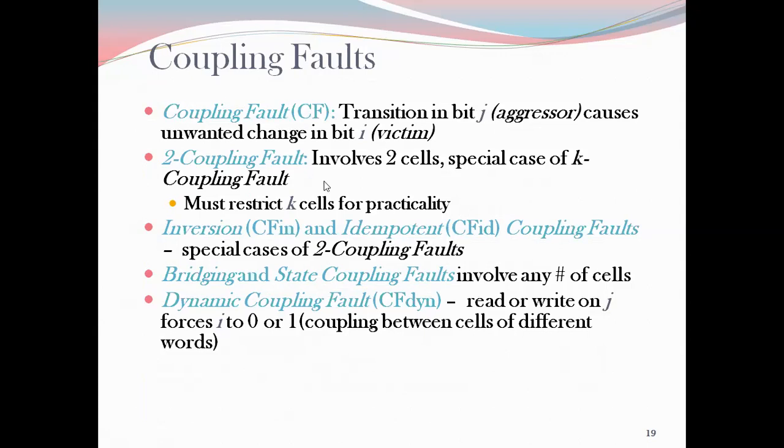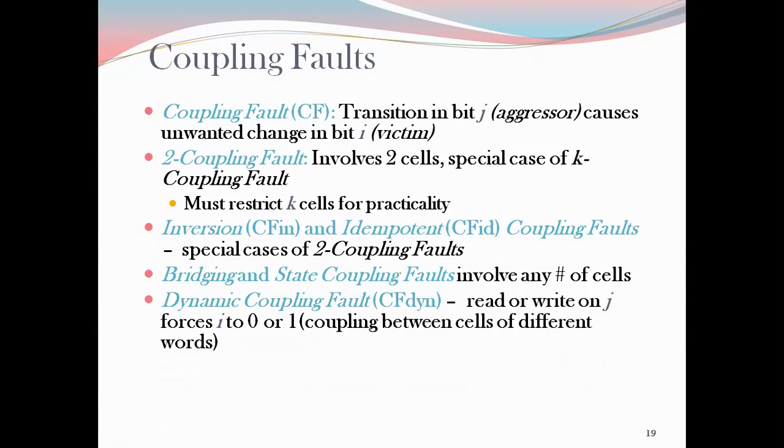Transition is not affecting, as was the case with the coupling fault, but the occurrence of a particular state means whenever the jth or the aggressor cell is becoming 1, it is going to force my neighborhood cell to 0. So that is simple. So that is state coupling, affected by state, not by transition.